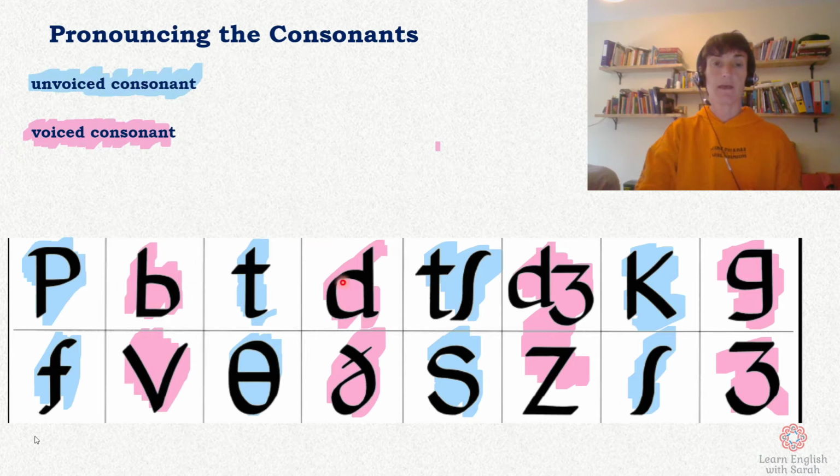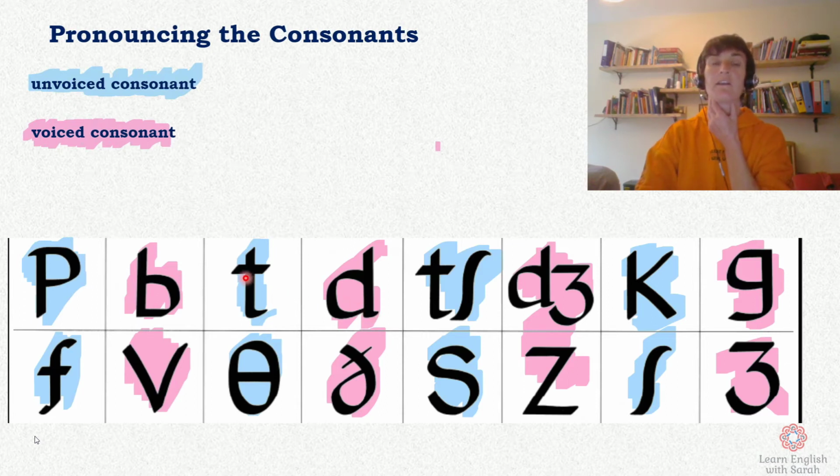So the next pair, again, they look like letters. They look like T and D, but they're not T and D. They are /t/, /d/. So again, the difference is that here, /d/, I can feel a movement here.